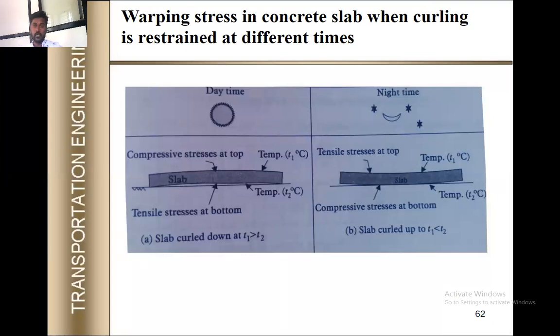During the night time, the top fibers are subjected to tensile stresses and the bottom fibers are subjected to compressive stresses. This you should know because this is asked a number of times in exams. Please draw this figure. This is very important to know.